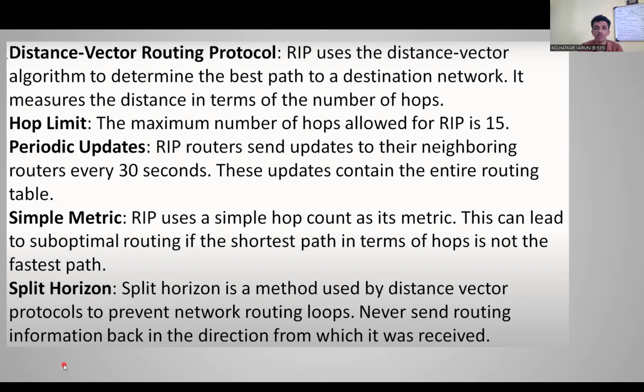So I will be moving next after finishing the features. Okay. So now let's talk about the distance vector routing protocol. Again, the hop limit is set, that is 15, fixed in this protocol.